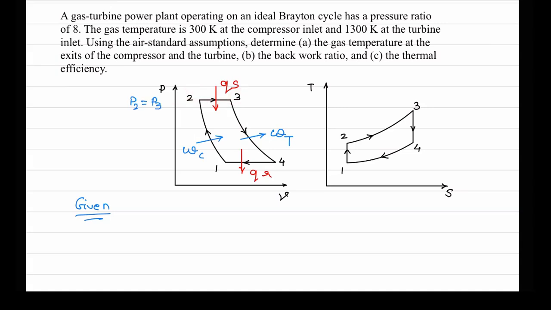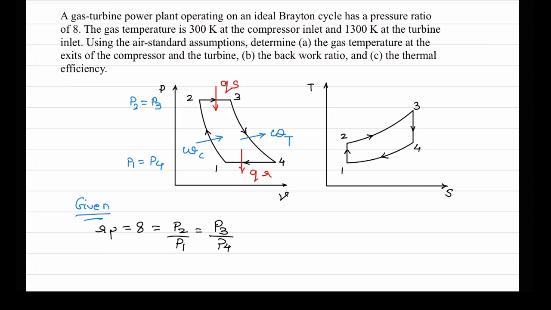In the same way, P1 and P4 are the same, so I'll write P1 is equal to P4. So what is the pressure ratio Rp? Rp is given as 8, and it will be P2 by P1, or I can write it as P3 by P4.